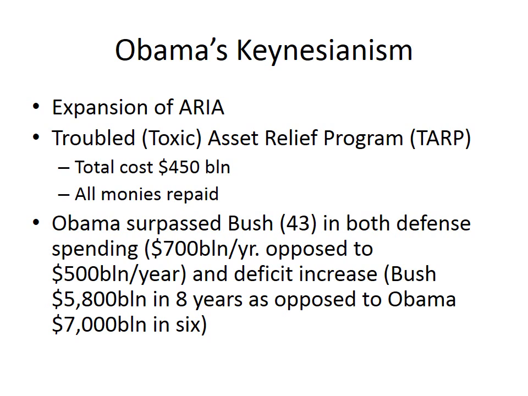It should also be pointed out that the Obama administration actually has surpassed the Bush administration in terms of its kind of Keynesian approach to economics. Obama surpassed Bush both in defense spending, $700 billion a year as opposed to $500 billion a year, despite the fact that Bush initiated two conflicts in the Middle East. The Obama administration has continued those conflicts and expanded conflicts elsewhere, most recently in Yemen, with the civil war that has mounted up over the last month or so.